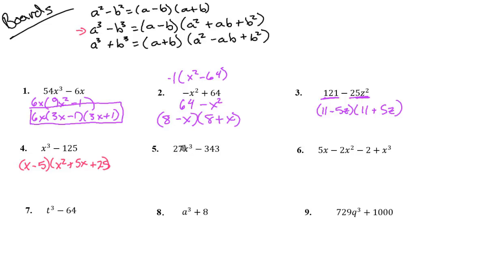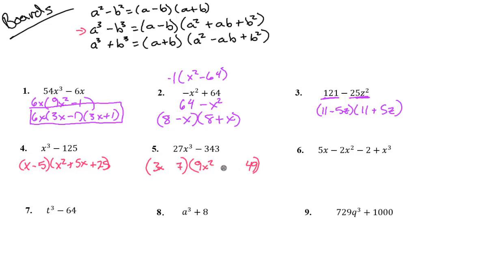So let's try it again with this one. Is 27 a perfect cube? Yep, it is a 3x, which gets cubed here. And this guy is a 7. Once you have identified those, you can use your cute little jingle if you like it. First times first is first, so that's a 9x squared. Last times last, 7 squared, is that one.